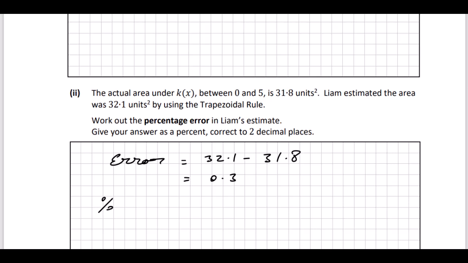The percentage error then is the error, 0.3, divided by the accurate value, 31.8, and then we want it as a percentage, so you multiply by 100. When you do that, you get 0.94%. That's it for this question.